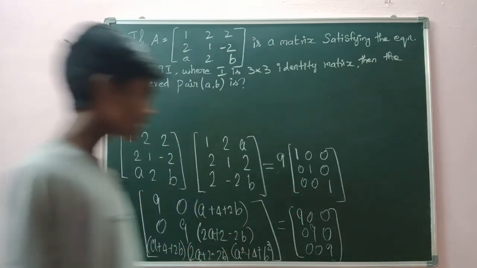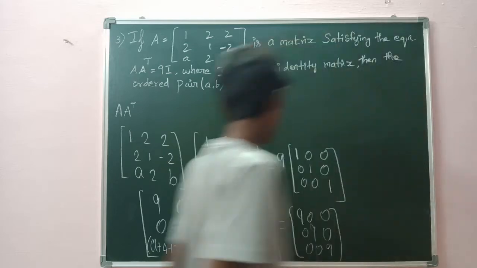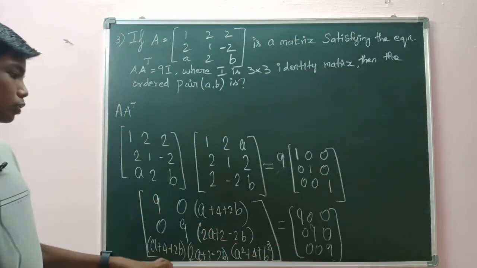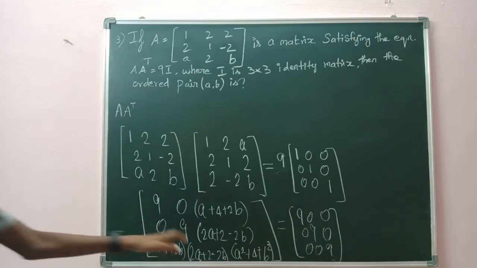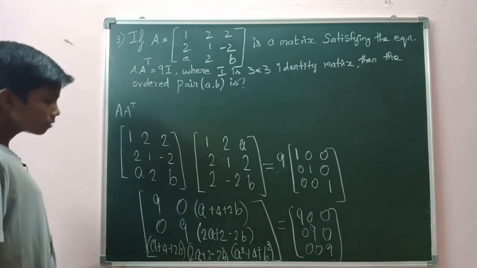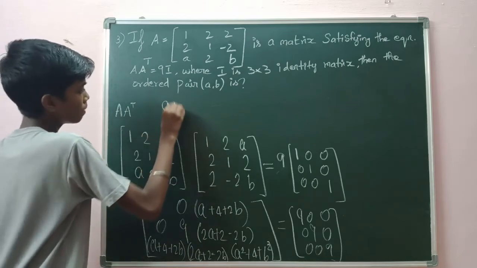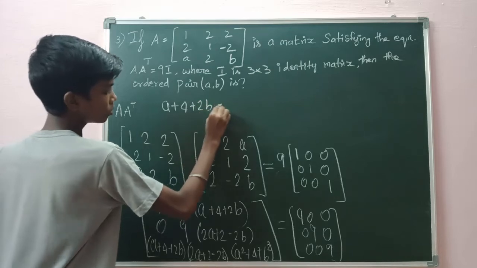Now after this, guys, I think what I did is correct only. Yes, A plus 4 plus 2B, of course. Yeah, multiplication is correct. Now after this, try to equate these two matrices. So I will get the equations as A plus 4 plus 2B is equal to 0.